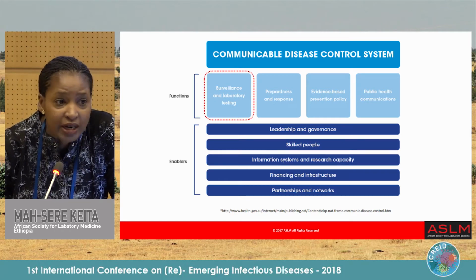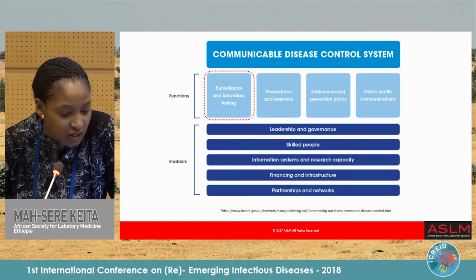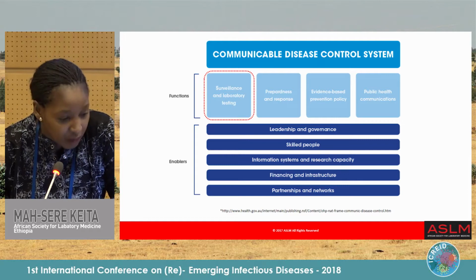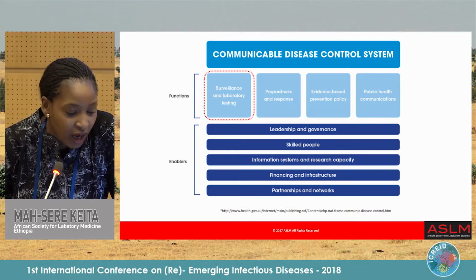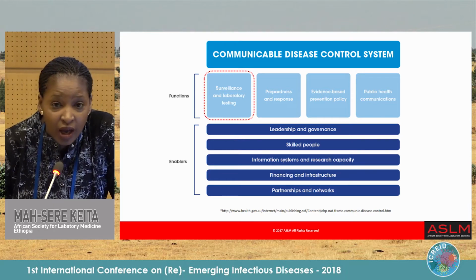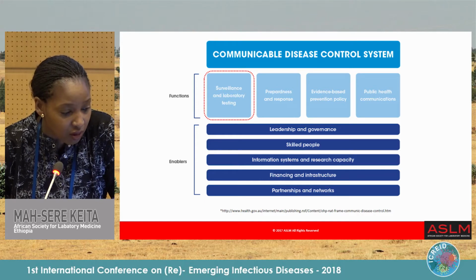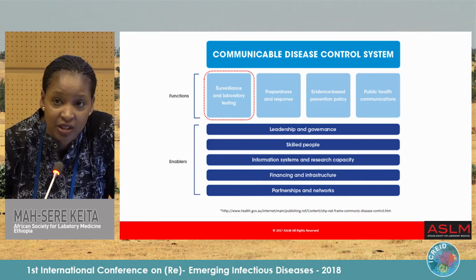And then there are enablers that allow these different functions to happen. So leadership and governance, skilled people, information systems and research capacity, financing and infrastructure, and partnerships and networks. And for this particular talk, we will focus on the first function, which is surveillance and laboratory testing.